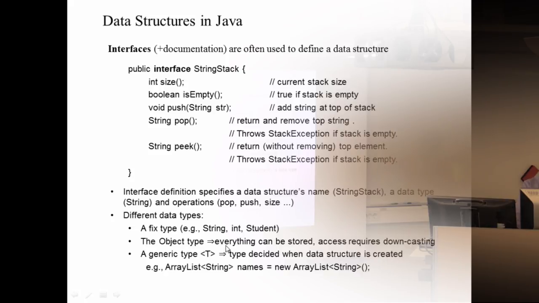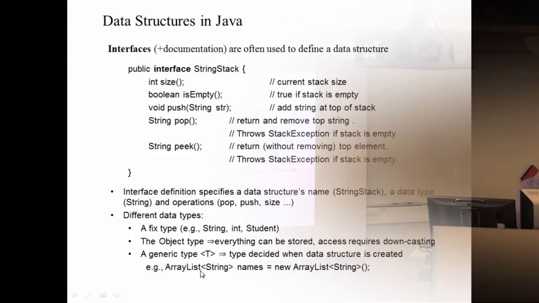A better solution is to have a generic type. We learned how to define generic types in the lecture about Java generics, where you can specify type parameters and define parameterized data structures. In this case, the data type of a data structure will be dynamic, and it will be decided whenever you create a new instance of that data structure.